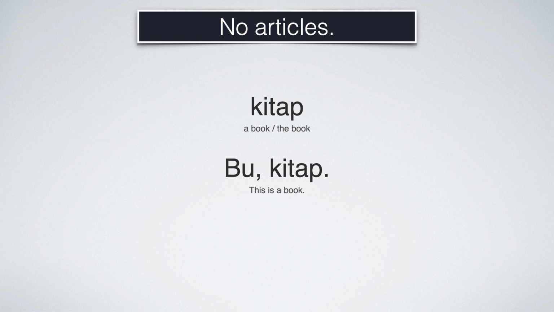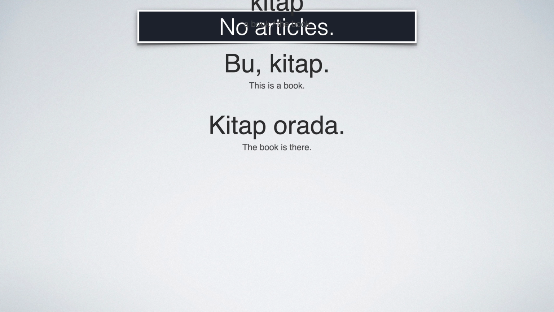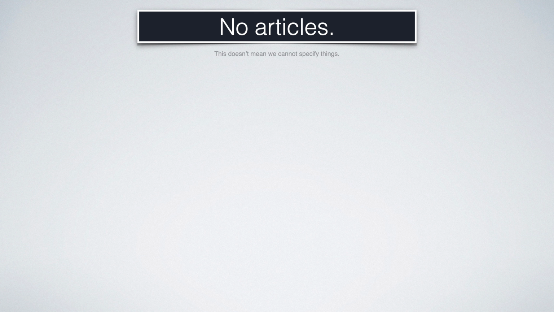Good news. Turkish doesn't have articles. Kitap means book. A book and the book. Bu kitap. This is a book. Kitap orada. The book is there. Maybe we don't have articles, but this doesn't mean we cannot specify things.